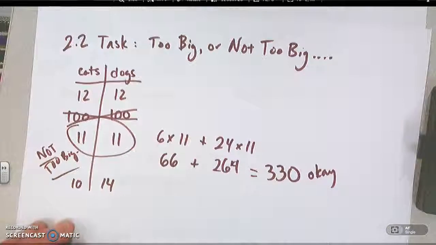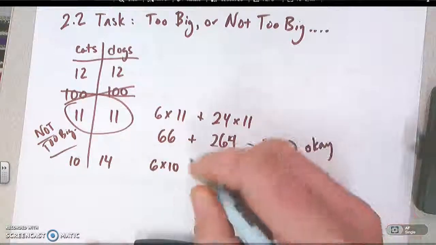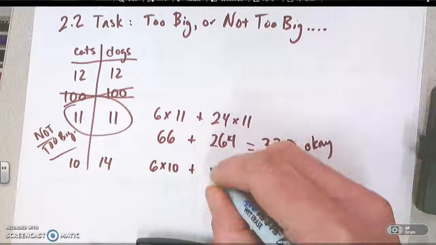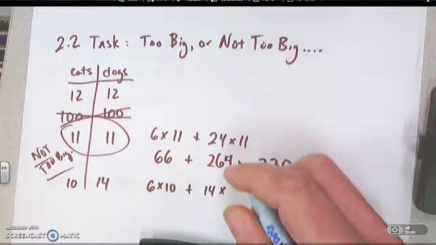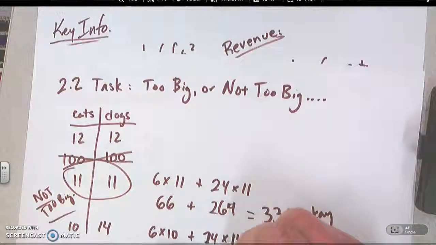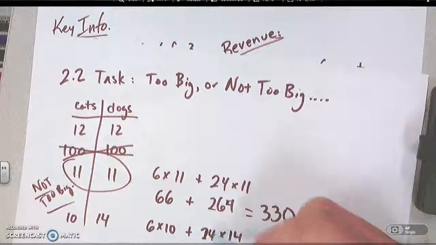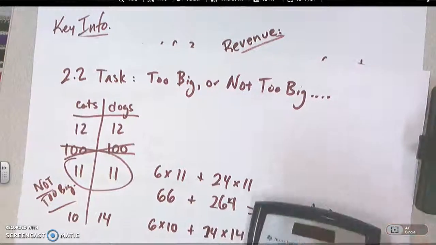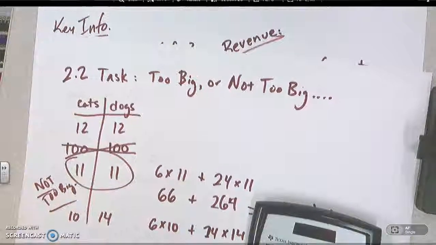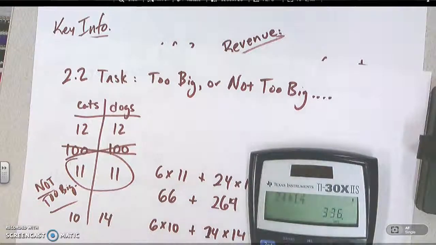Again, I really don't know if this is too big or not too big, but that'd be 6 times 10 for the cats, plus 24 times 14. So 6 feet for each cat times 10 cats, 24 feet for each dog times 14. And let's go ahead and do that. 24 times 14, 336.